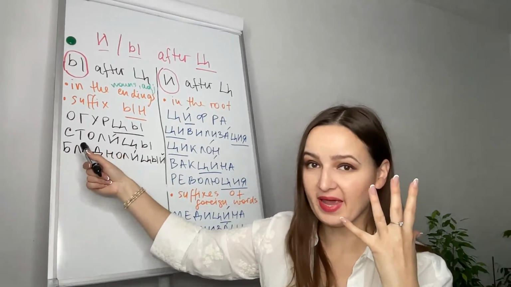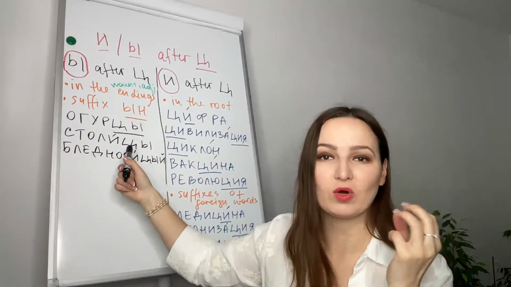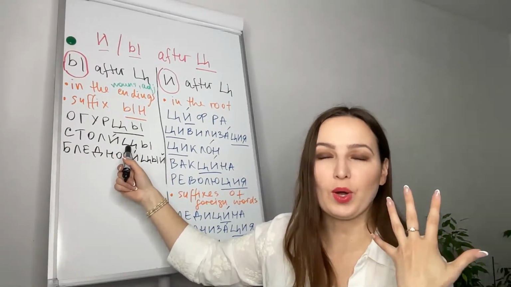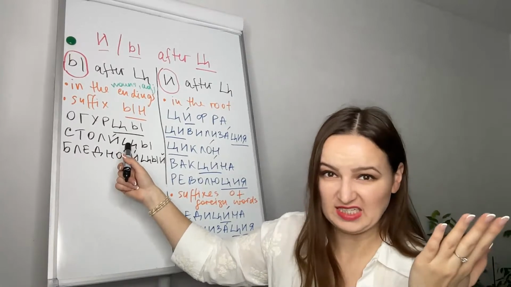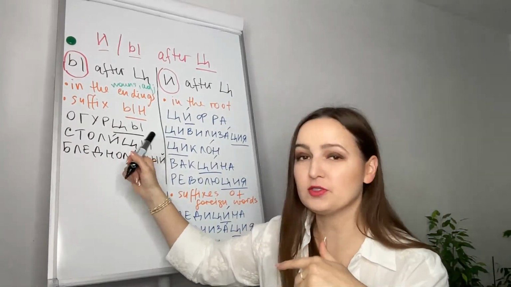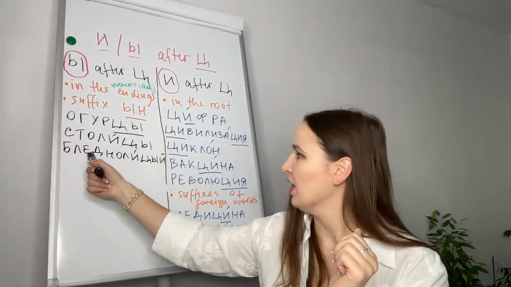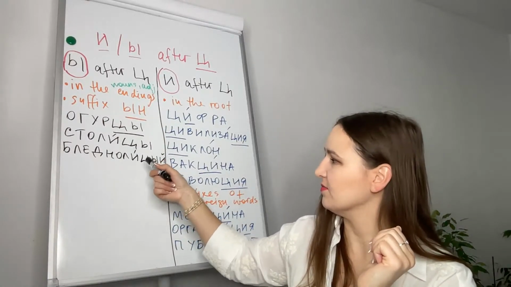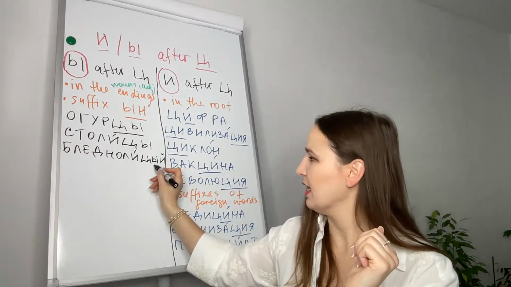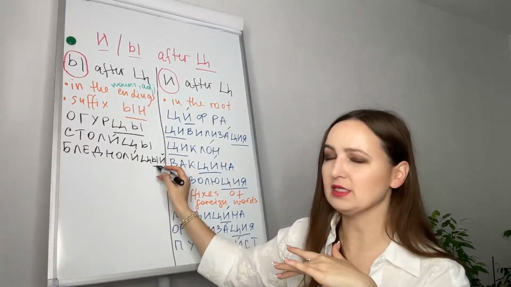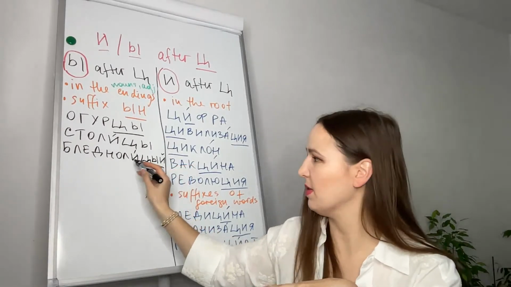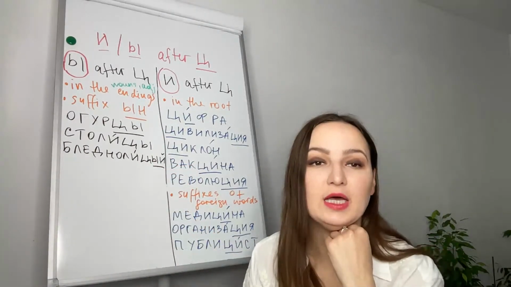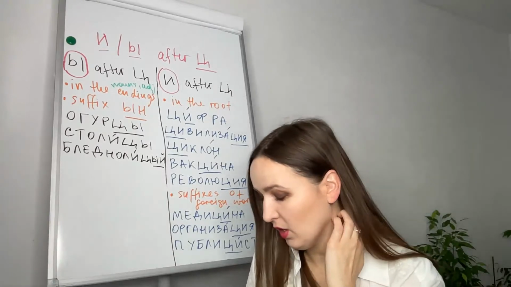Бледно is pale, and лицый from the word лицо, face. So pale-faced, literally. And here the ending is «ый», so it's about men. It's masculine. Feminine would be бледнолицая.